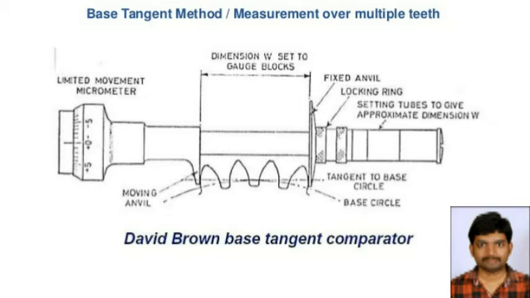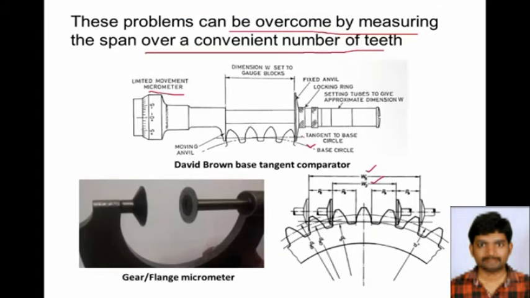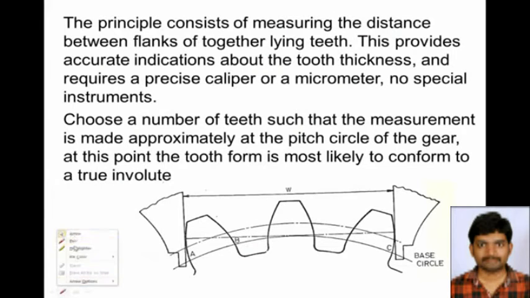So there is a base circle, and there is a tangent to the base circle. We can also use a gear flange micrometer for measuring the width over a number of teeth. The measurement principle consists of measuring the distance between flanks of teeth lying together.